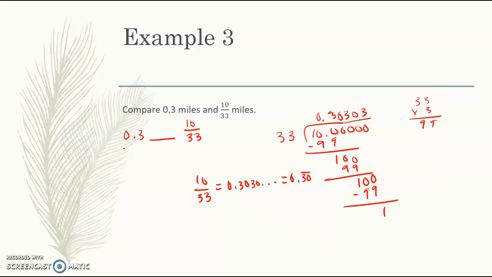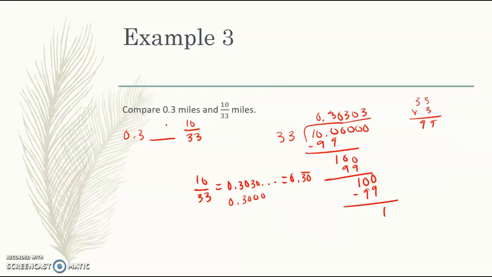From here, I then have to ask myself, is that the same as 0.3? And the answer is no. And then you have to decide, which one's bigger? To determine that, looking at what we have here in the middle, our 0.3 would be the same as 0.3000. And if we're just looking at the same number of digits in our repeating decimal, we notice that it is 0.3030.